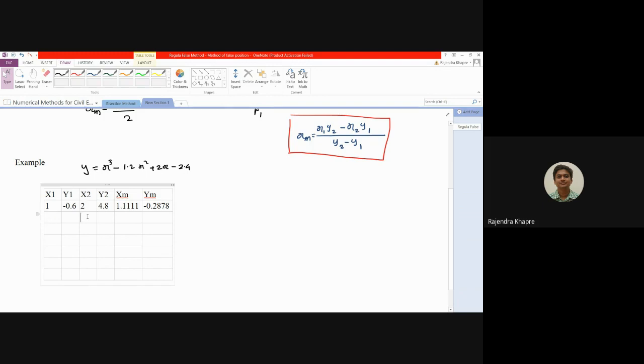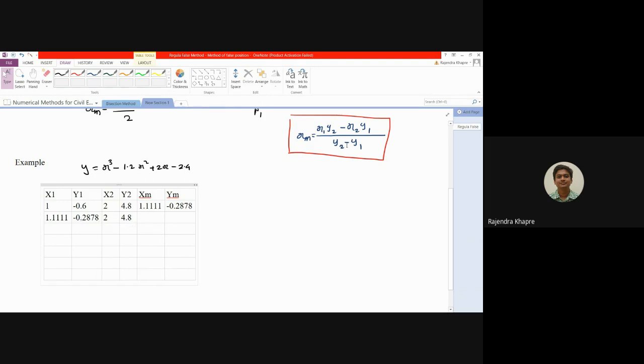How about x2 then? Shall I take it 1 or 1.11? 1.11. Okay, so I'll keep this the same. This value I am going to change, so this will be 1.1111. The corresponding value is negative 0.2878. And the rest of the things are the same.